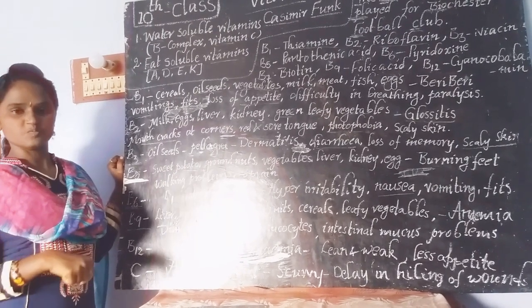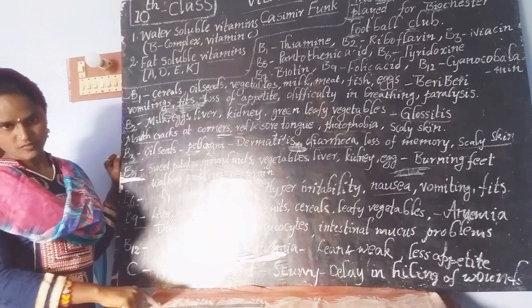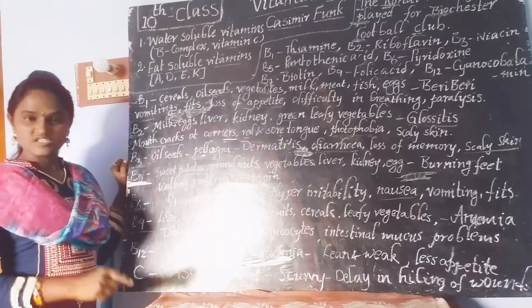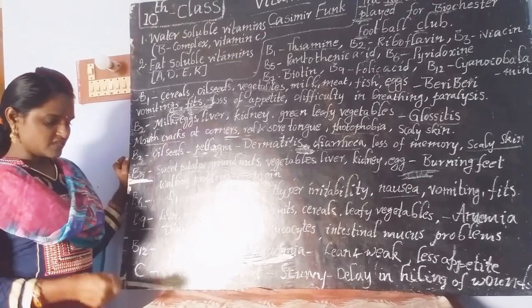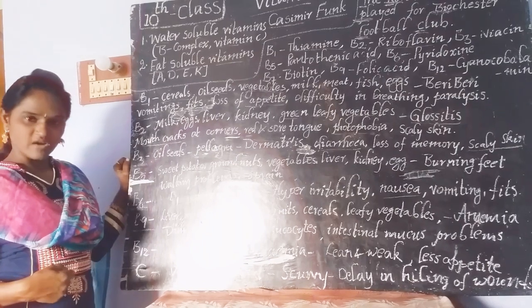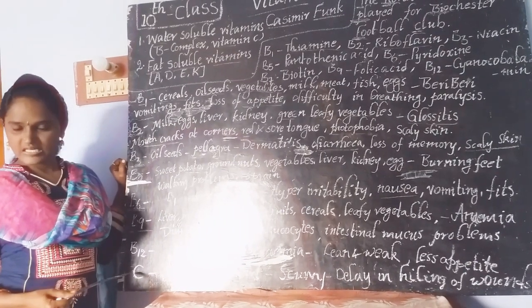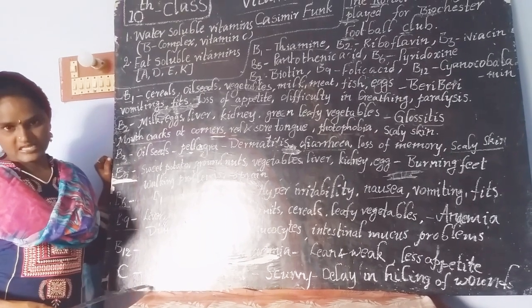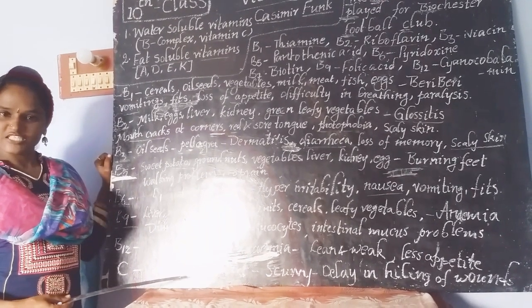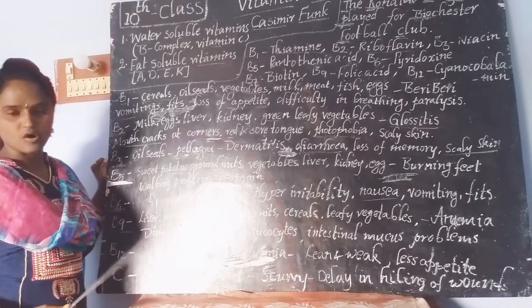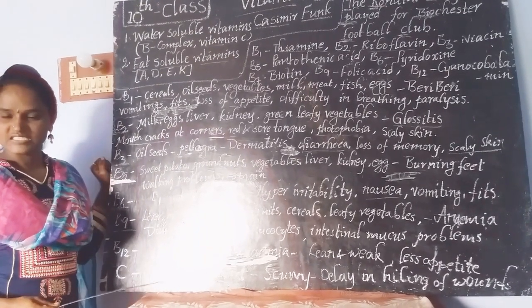Such fruits may contain more amounts of vitamin C, like sweet citrus, lemon, like that. Different varieties of citrus fruits contain more amounts of vitamin C. Then what is the scientific name of vitamin C? Ascorbic acid. Deficiency of vitamin C in the body leads to a disease called scurvy.